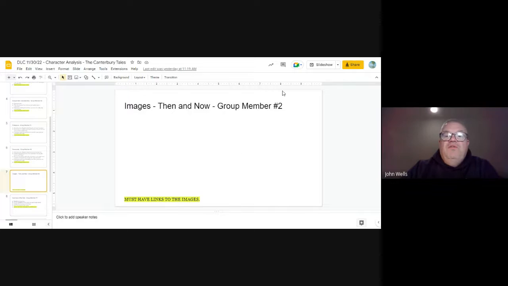Slide number seven, so group number two, person number two, you're going to find two images of this character. One from then and one of what they would be like today. The thing about this is you have to think about what that would mean. For instance, let's take the knight. If you picked the knight, we don't have knights today. There won't be anybody on a horse with a sword fighting people or something like that.